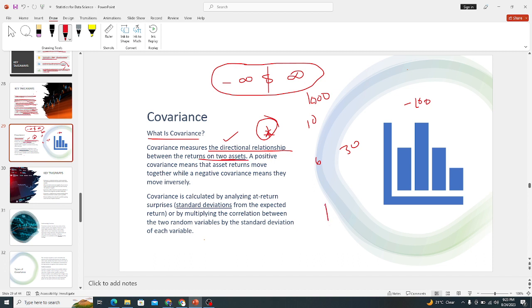Either the two assets are moving together, in an increasing or decreasing manner, and this is positive. Let's say they are moving in one direction, which we call positive covariance. Also the two assets might be moving in the opposite direction, and in this case we'll call it negative covariance.